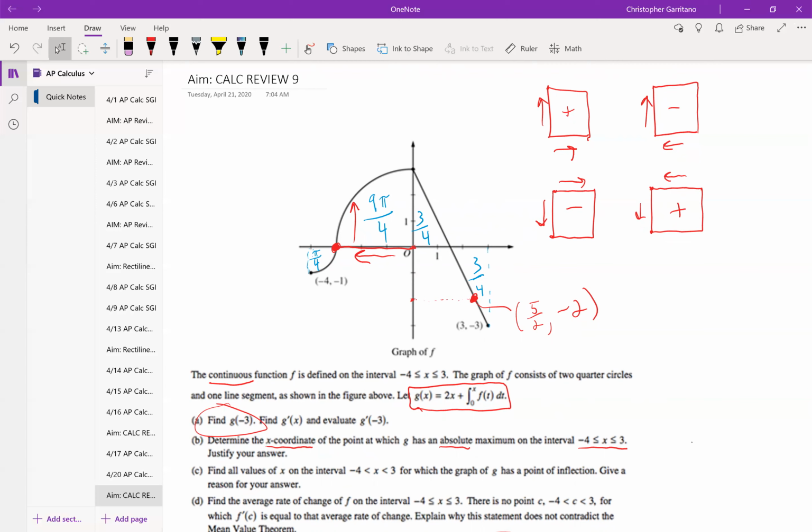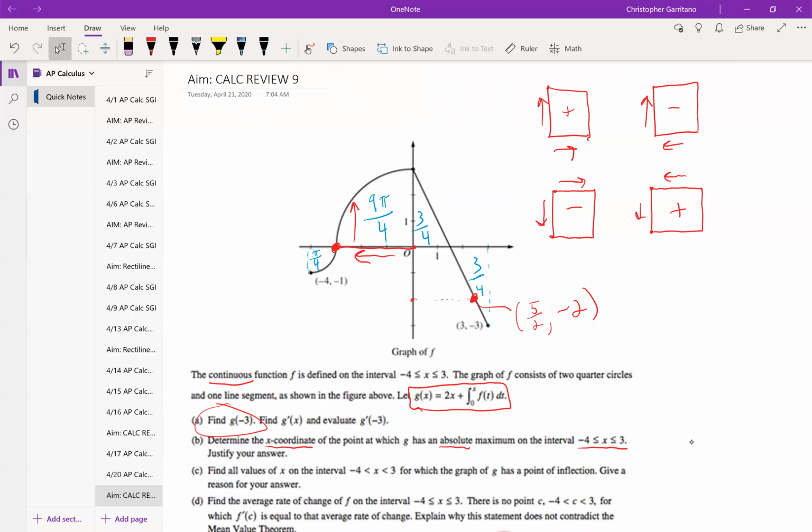But since there's a vertical shift, and really since all I'm caring about is when is f changing from increasing to decreasing, I could really just use the graph of f, because shifting this graph vertically in any direction, like up or down, is not going to change the intervals on which f is increasing or decreasing.